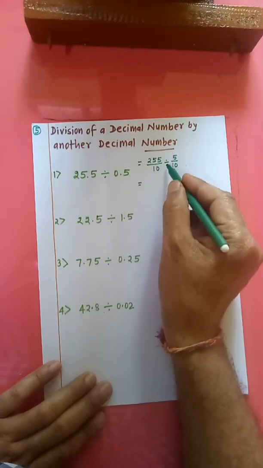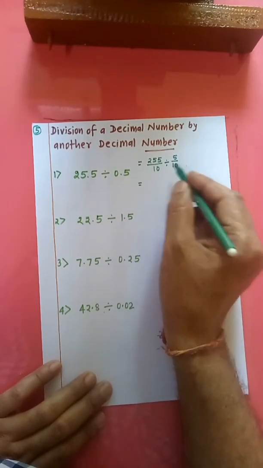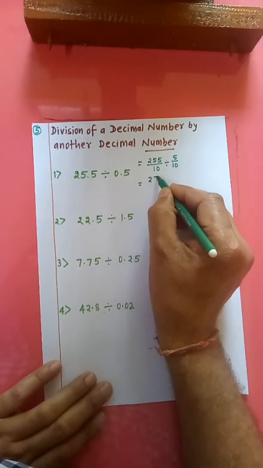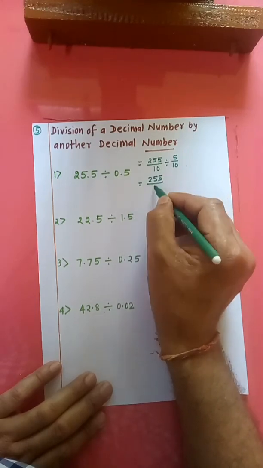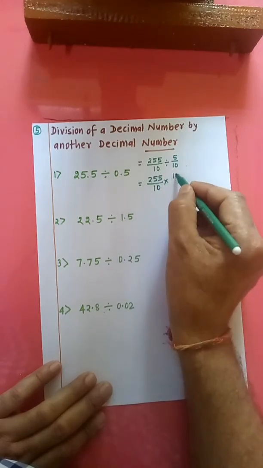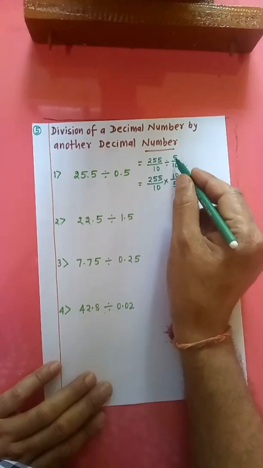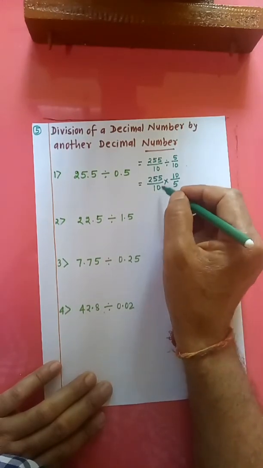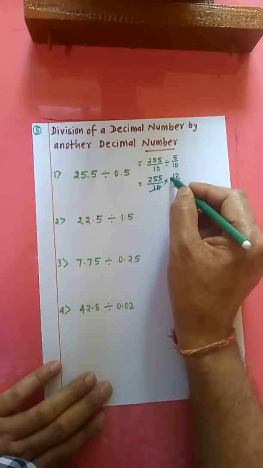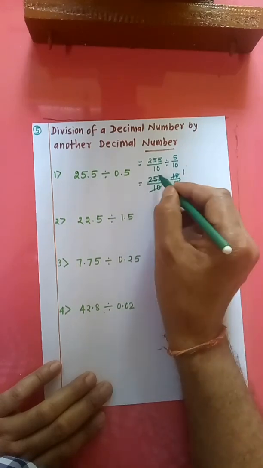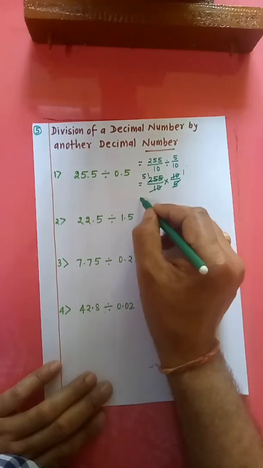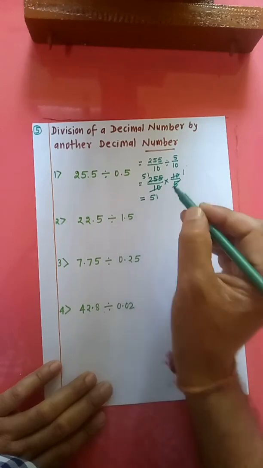Now convert division into multiplication. We will get 255 upon 10 multiplied by 10 upon 5, which is the reciprocal of 5 upon 10, and 10 1 ja 10, and 5 5 ja 25, and 5 1 ja 5. So the final answer is 51.